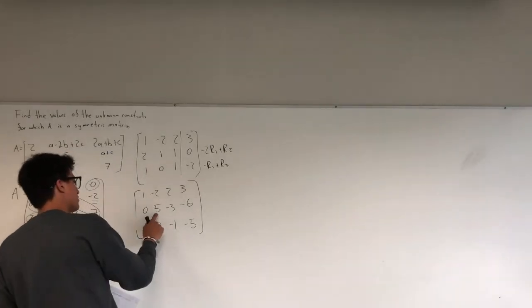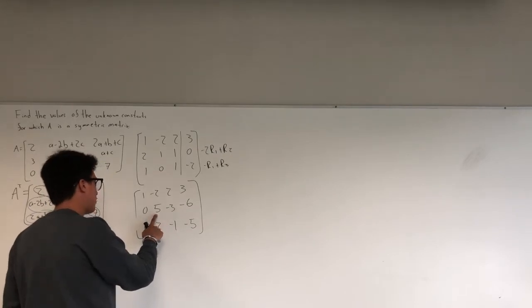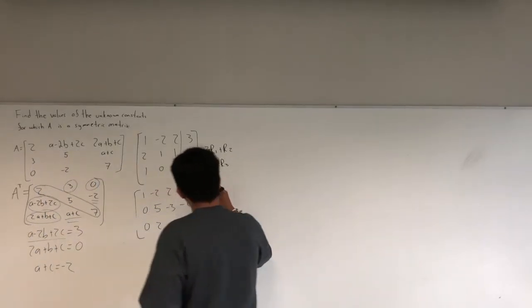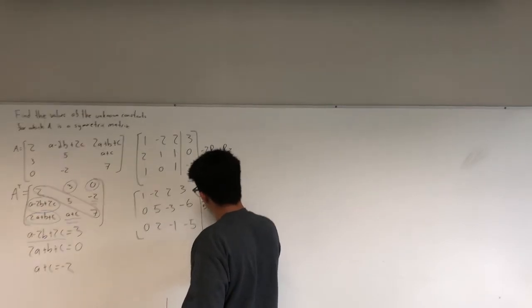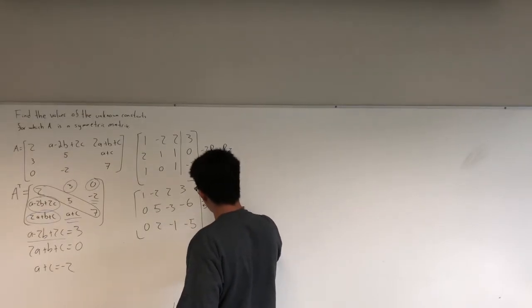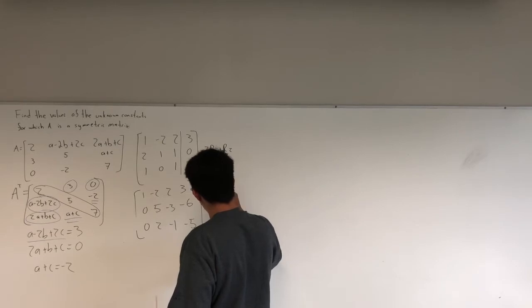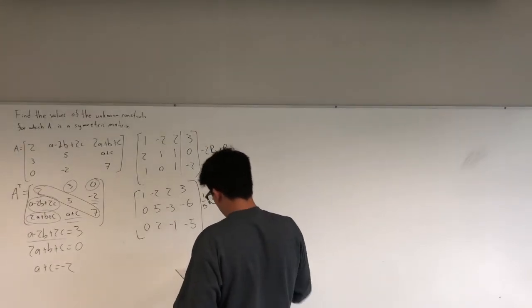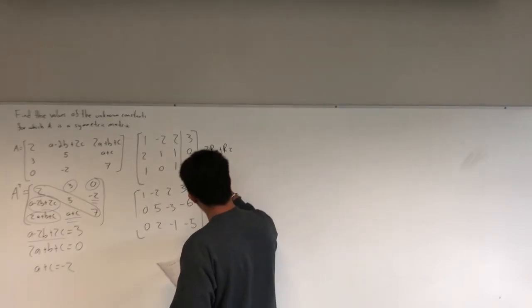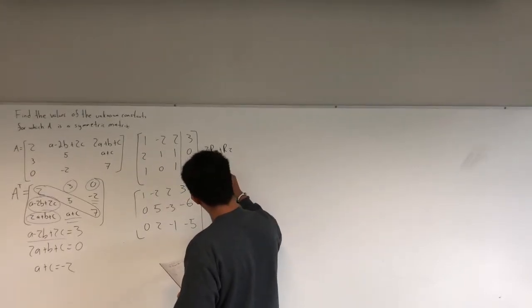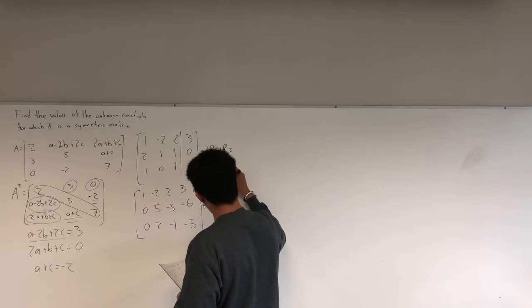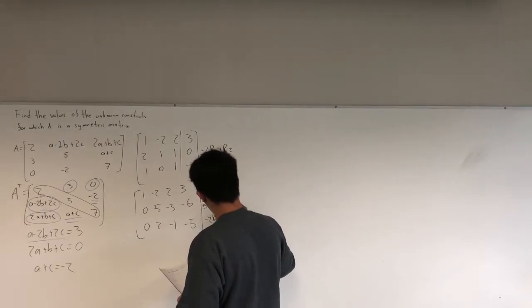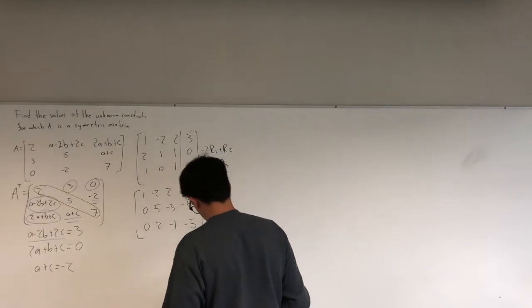Now we need to make this 5 a 1 and these two numbers zeros. For that, we will divide row 2 by 5, and this we 2 times R2 plus R1 and minus 2 times R2 plus R3.